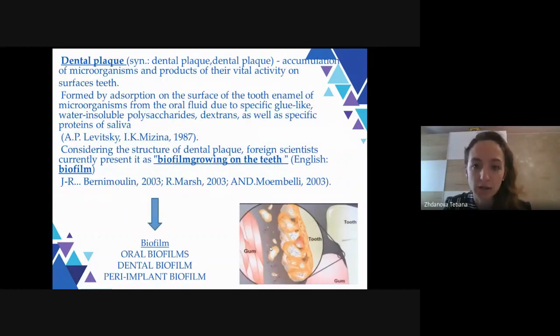Okay, dental plaque. It is an accumulation of microorganisms and products of their vital activity on tooth surfaces. It is formed by adsorption on the surface of the tooth enamel of microorganisms from oral fluid due to specific glue-like water-insoluble polysaccharides and dextrans, as well as specific proteins of saliva.